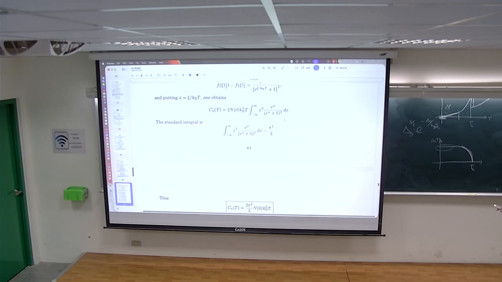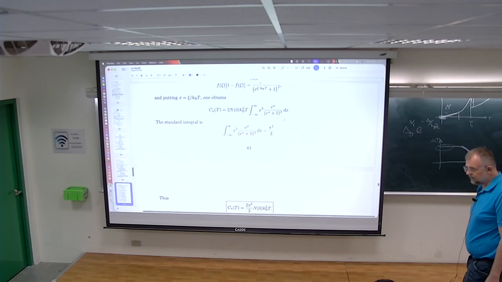Those who attended statistical physics, when we discussed the heat capacity of the fermion gas close to zero temperature, already encountered this integral. It can be calculated in terms of the zeta function, and the result is just this. It's a finite integral, you can check it converges.